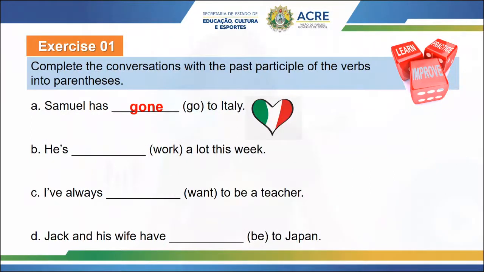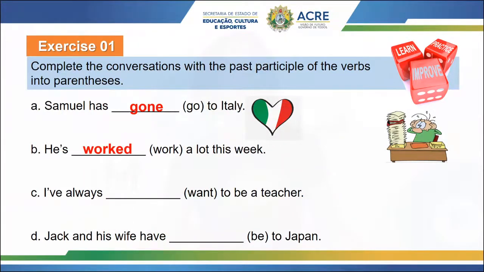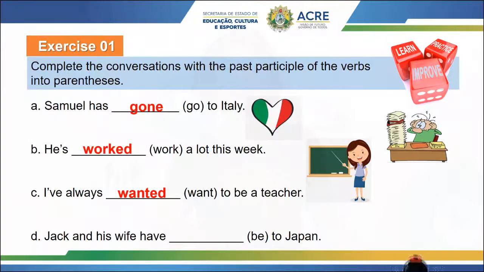Letter B. Time to think. Let's check. He's worked a lot this week. Letter C. Think about it. Let's check. I've always wanted to be a teacher. Letter D. Time to think. Let's check. Jack and his wife have been to Japan.